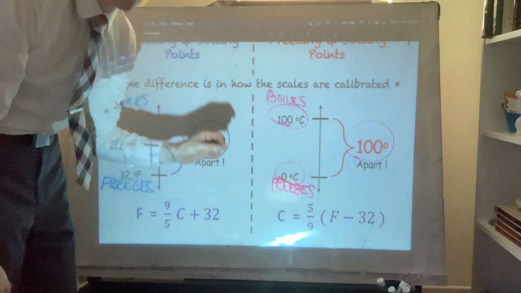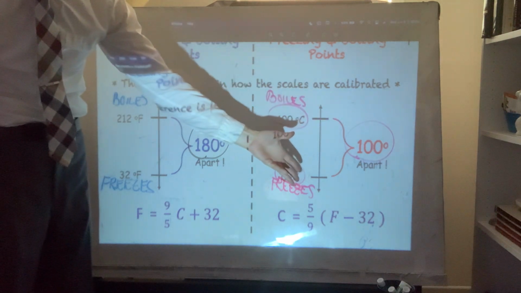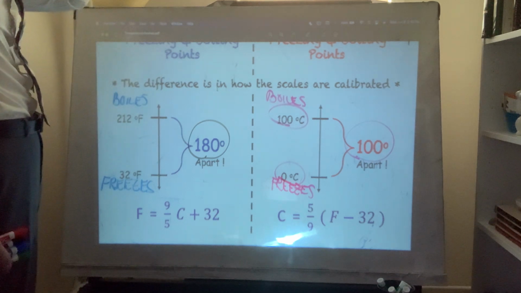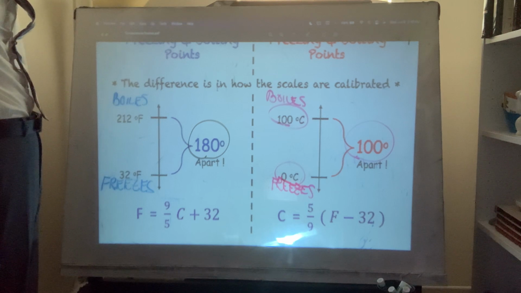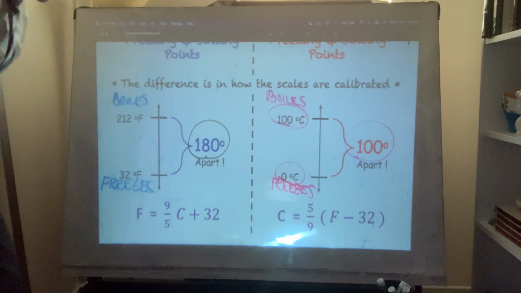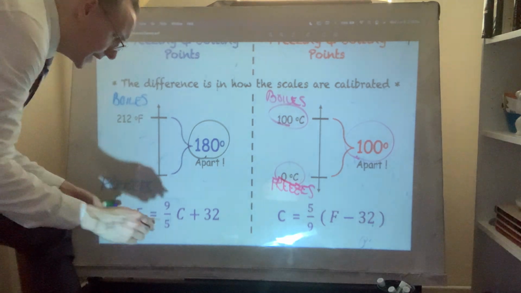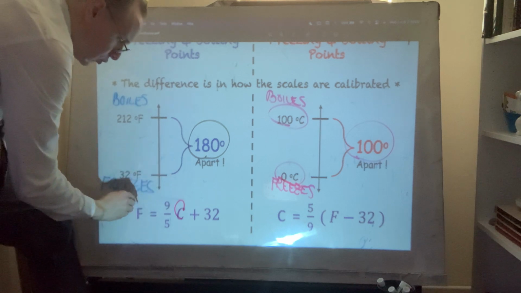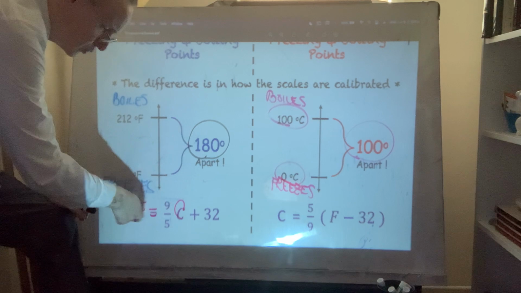This is the reason why, in theory, it would be a better scale: it's easier to count in a system based upon 10. It makes the math easier in the long run, even if not immediately. Anyhow, there's a formula. If you needed to convert, given the Celsius temperature, to Fahrenheit, you would use this formula.